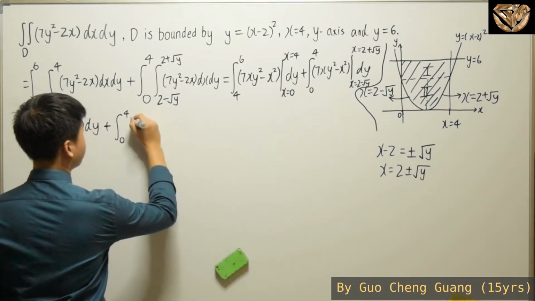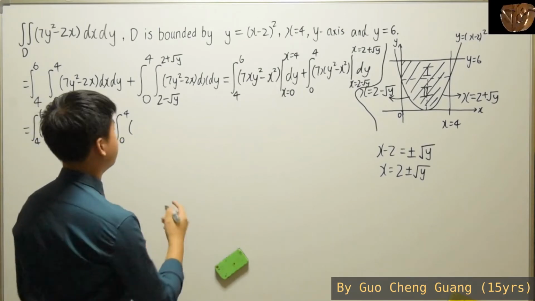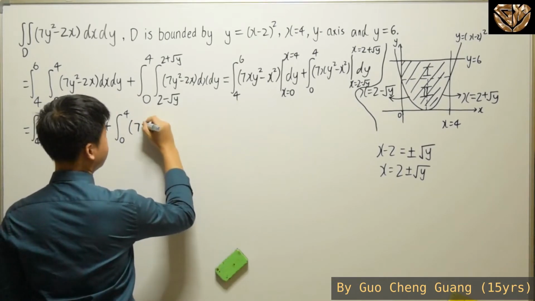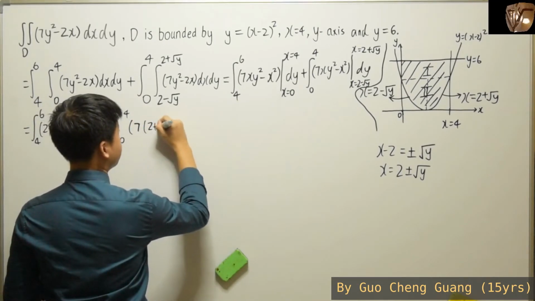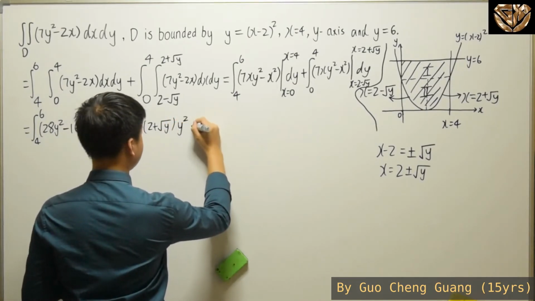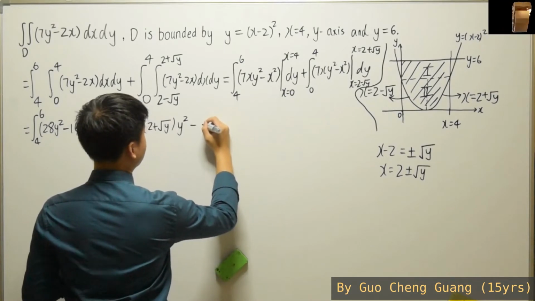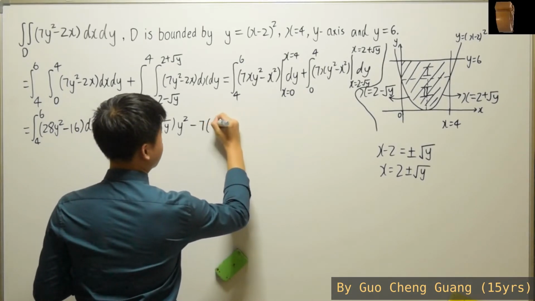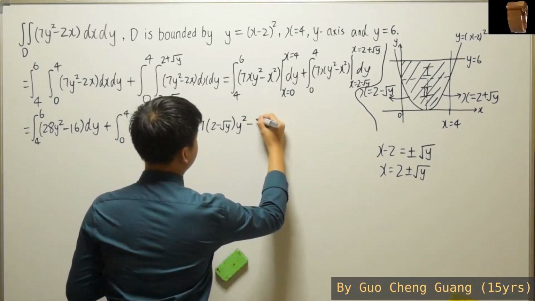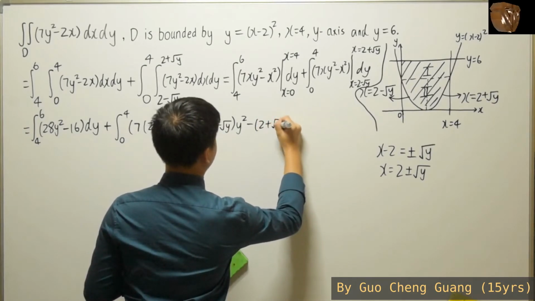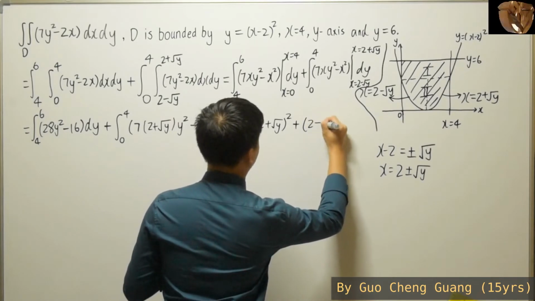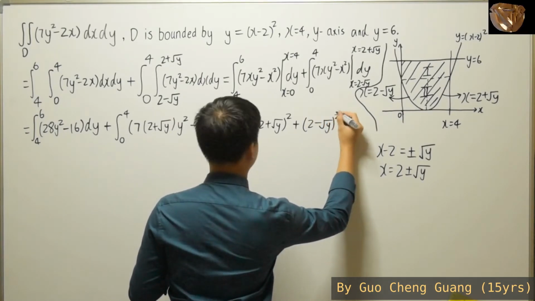And you will be having 7 multiplied by 2 plus square root y squared, and then minus 7 multiplied by 2 minus square root y squared, minus 2 plus square root y squared, plus 2 minus square root y squared.